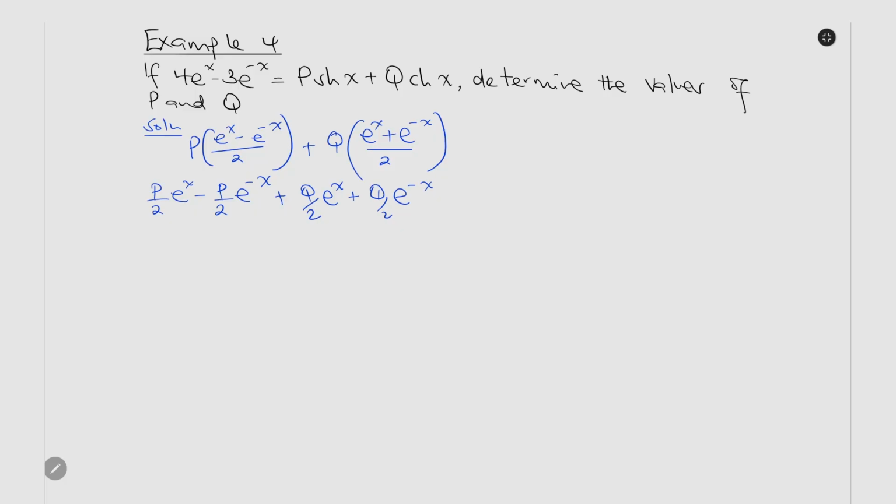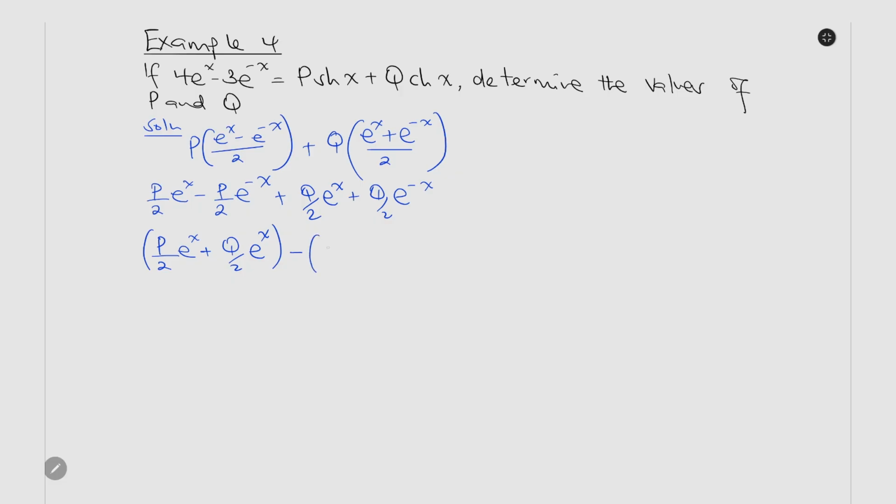Then I collect the like terms. If I collect the like terms, I will have p over 2 e^x plus q over 2 e^x, should I put minus here?